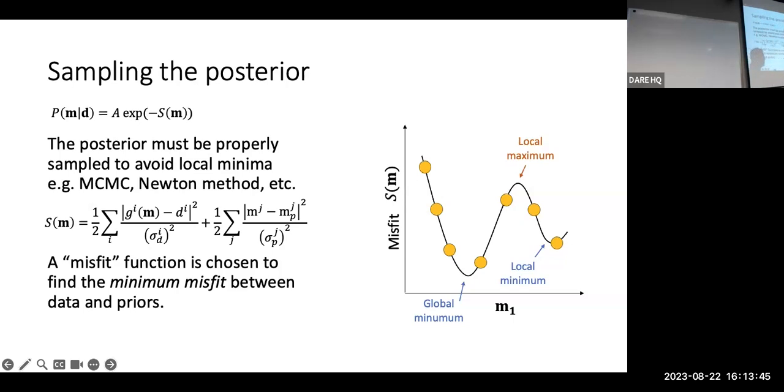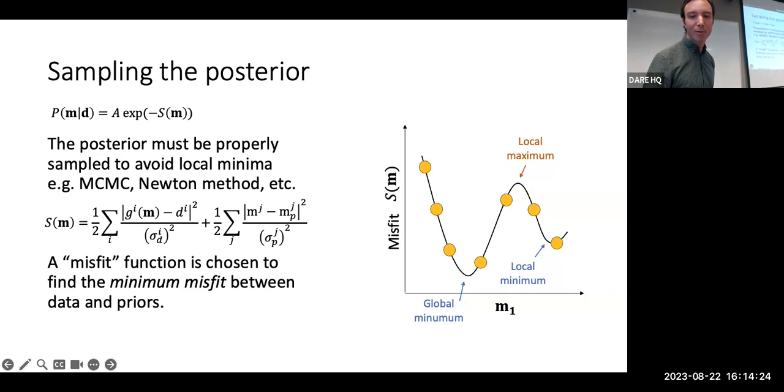The problem with this is that, sampling this function, you might find that you're in a local minimum. If you start sampling it even more, you might get trapped in a local minimum here, or in a local maximum here. But to find the optimal model, we want this global minimum here.